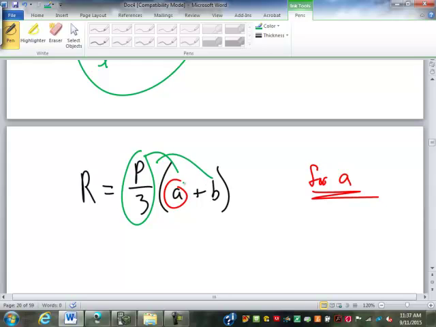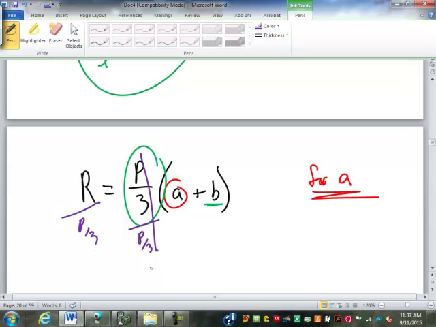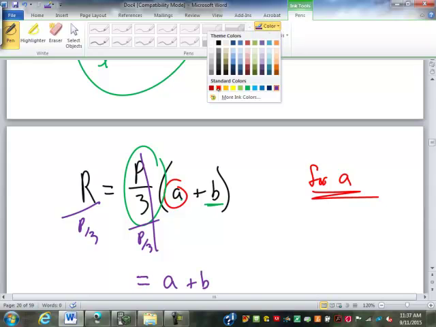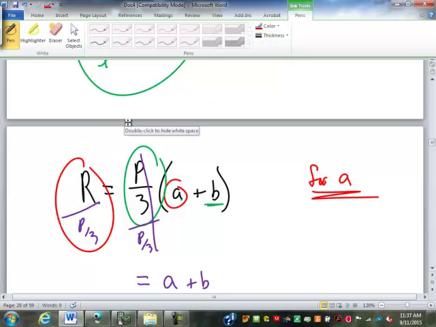But there aren't numbers here. I could still distribute it, but it's going to get really ugly. But we can look at it this way. If I use the parentheses, A has had B added to it, then it's been multiplied by P over 3. So to reverse that, I'm going to divide by P over 3. That goes away. I'm left with A plus B. Now, R divided by P over 3 is a little bit tricky.